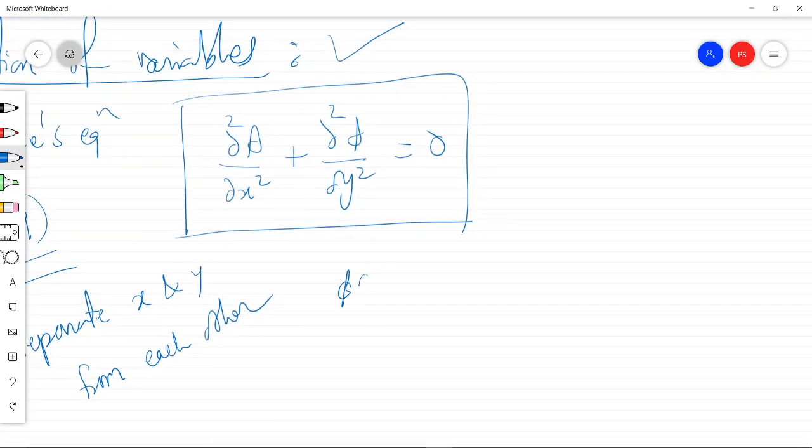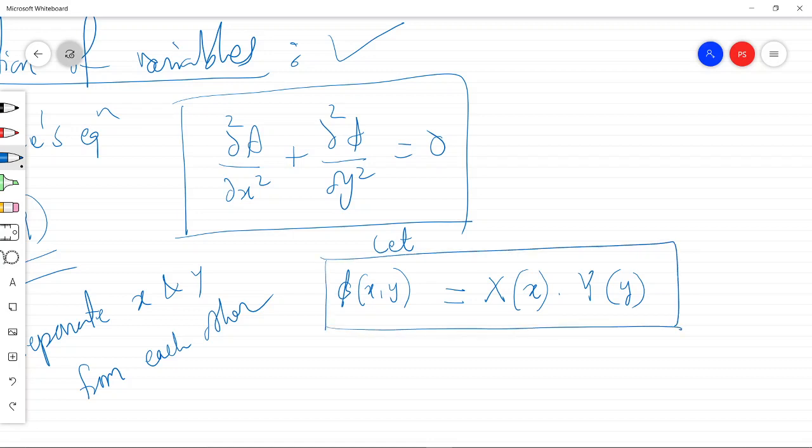Since we know that phi is a function of x and y, we assume that this phi can be constructed out of multiplication of two functions, capital X and capital Y, where capital X is a function of x and capital Y is a function of y. So we are assuming here that phi, which is a function of x and y, can be written as a product of capital X, which is a function of x, and capital Y, which is a function of y.